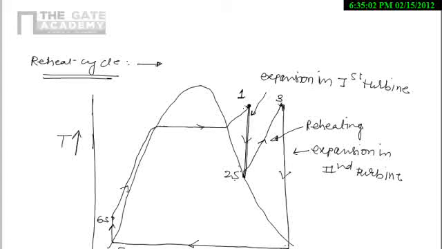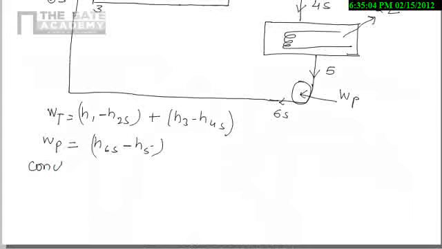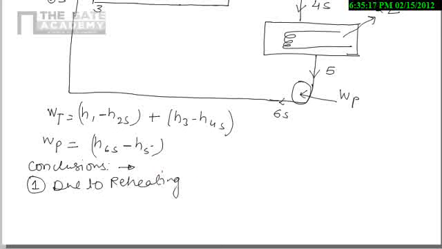So now we are having two conclusions. I am writing the conclusions here. First, due to reheating, net work output will increase.